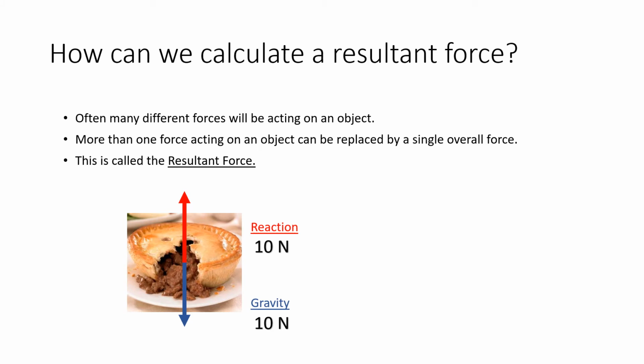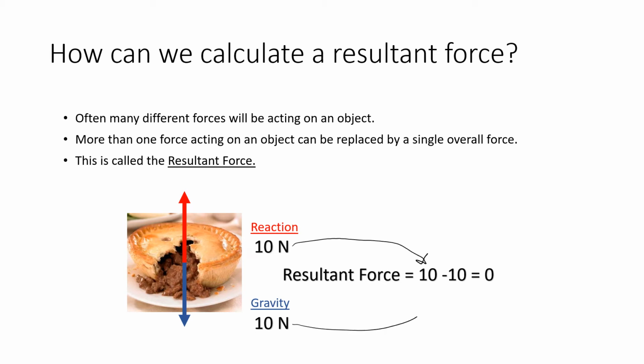Gravity down is 10, and the contact or normal force up is 10. It's balanced. That pie isn't going anywhere. So the resultant force of the 10 newtons here and the 10 newtons here is 0. It's balanced.